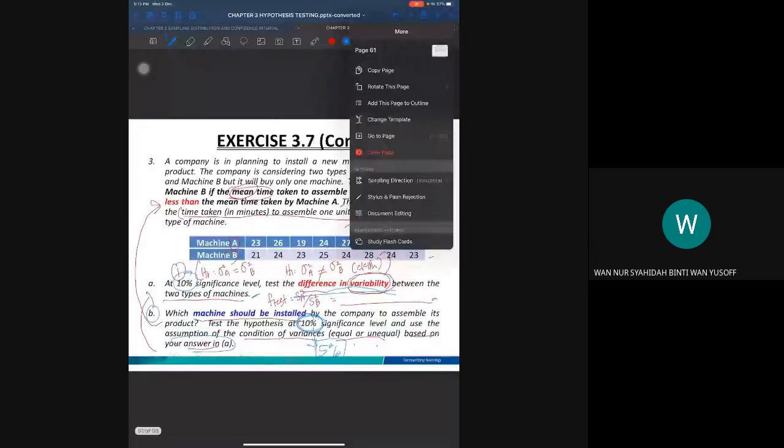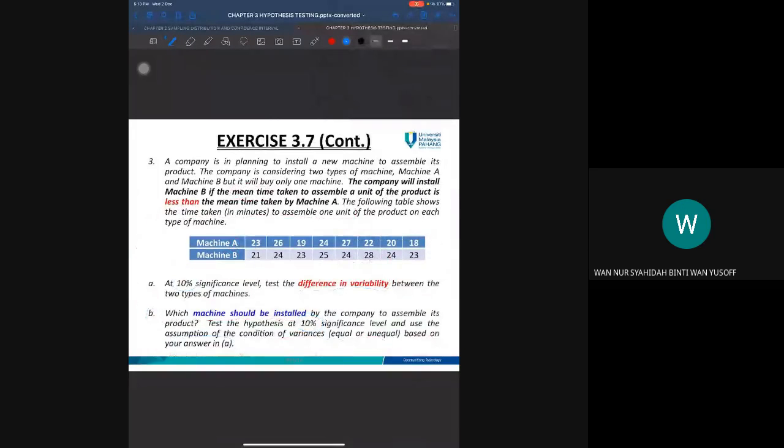The number 3 here, it is important for me to explain this one. A and B are related to each other. First, what is the variable in this study?